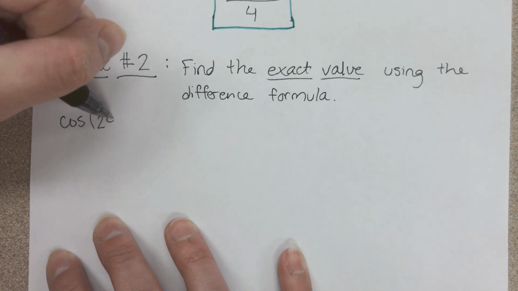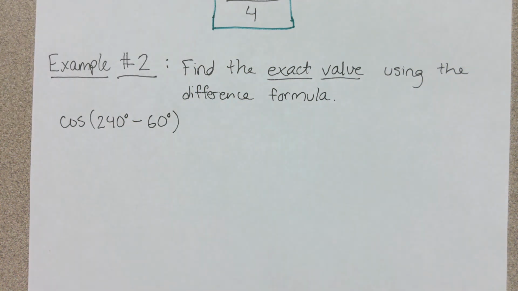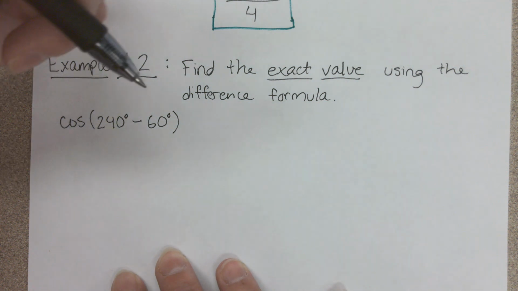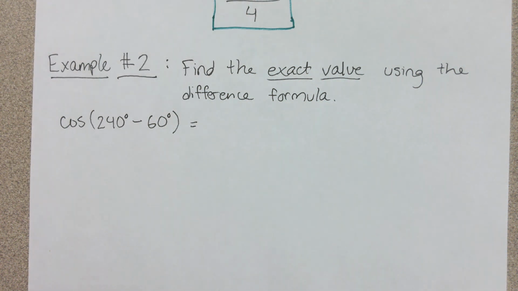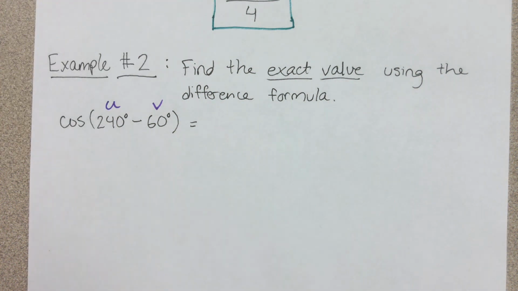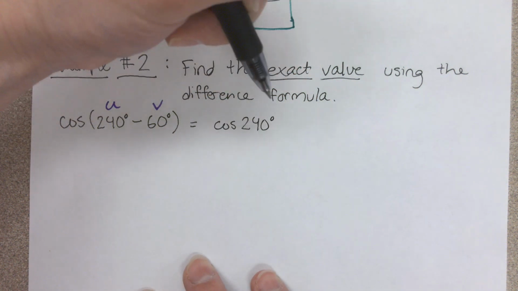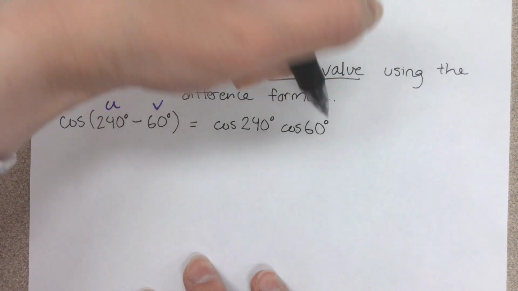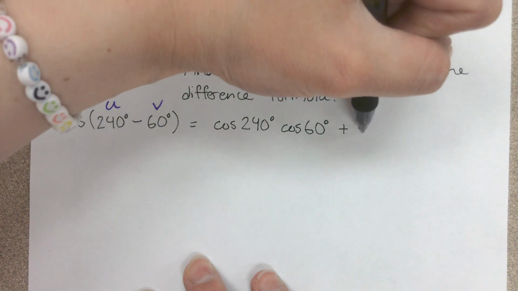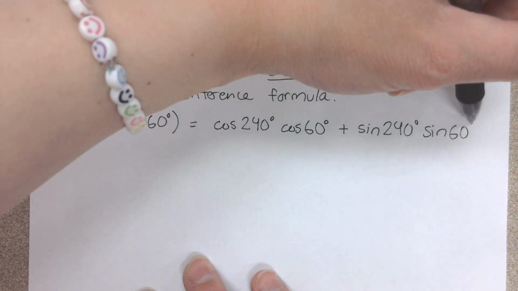Cosine of 240 degrees minus 60 degrees. Using cosine's difference formula, u and v are 240 and 60. Plugging that in, we have cosine of 240, cosine of 60, plus sine of 240, sine of 60.